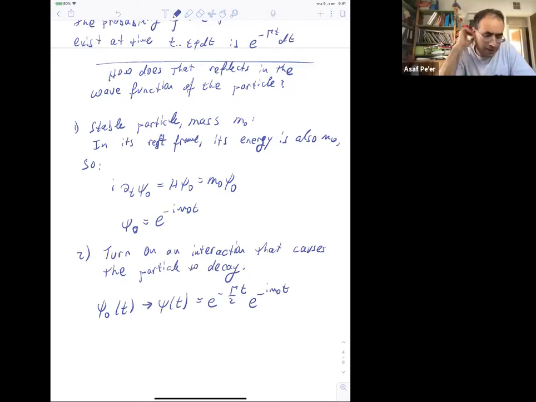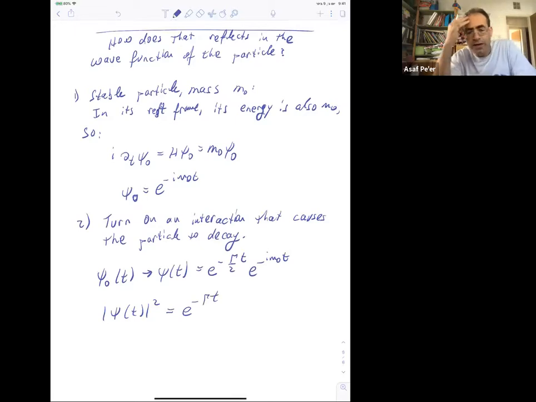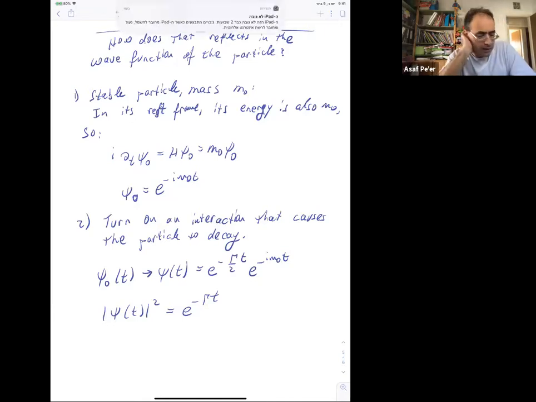When we do that, then we ensure that when we look at the square of the wave function, psi of t squared is going to be equal to e to the minus gamma t. And that reflects the fact that the particle may no longer be there. Now, it's not exactly a description of a decaying particle. It's somewhat an effective description of a decaying particle, because the only thing we really made use of is the interpretation of the wave function as the amplitude of the probability density of finding the particle.